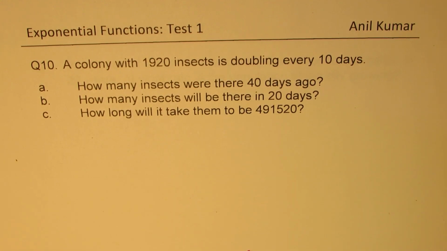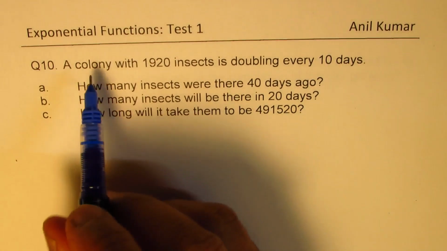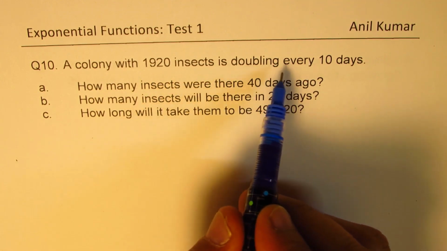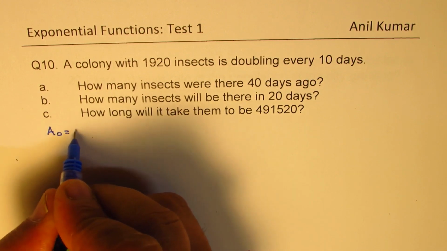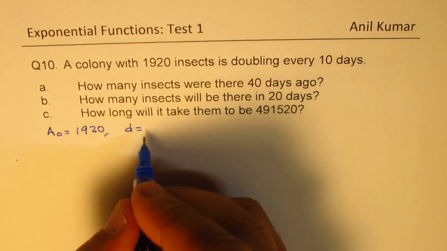So the first part is to write down the equation, and then we'll look into the solution of parts A, B, and C. So we're given a colony with 1920 insects, which is doubling every 10 days. So the initial amount is 1920, right? And the doubling period D is 10 days.